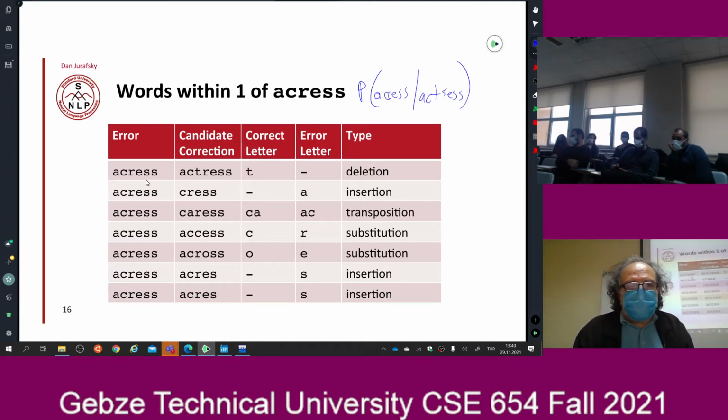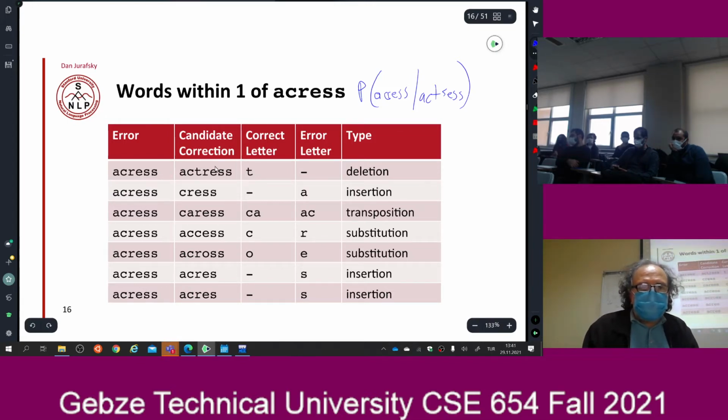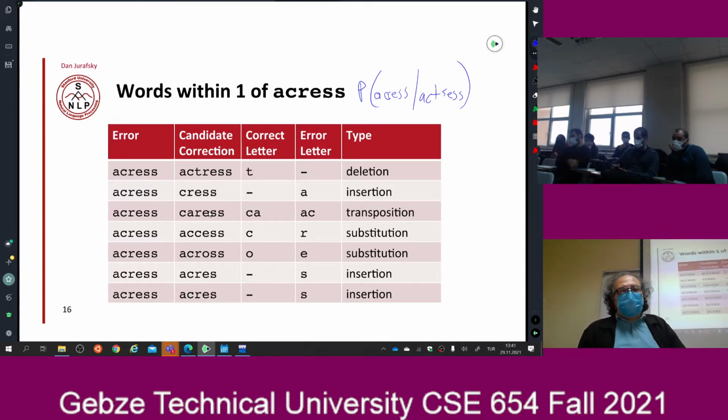That's not a meaningful word. It could have been any of these, right? These are all in the dictionary. These are the correct words. We don't know, and you might say to choose the one that has the shortest edit distance.